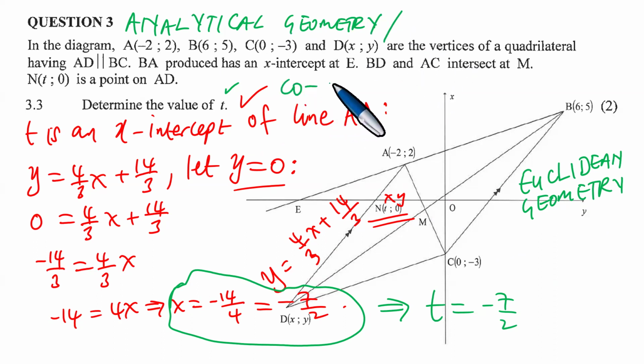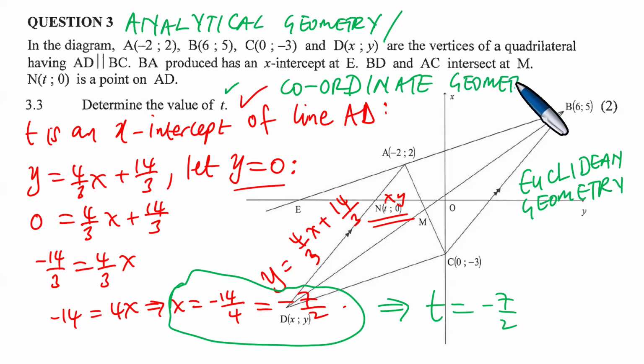It's also called coordinate geometry. So we looked at two geometries this afternoon, Euclidean geometry and analytical geometry, also called coordinate geometry.